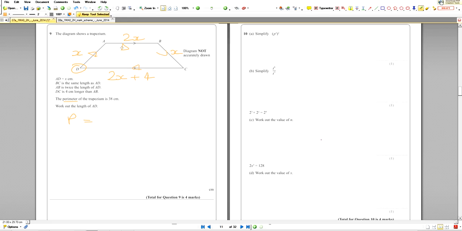We're traveling around the shape. So we start off with an x, add another 2x, add another x, add 2x plus 4, and that perimeter will then give us a value of what? 38. So we can take the rubber, rub off the P and put 38 in there instead.